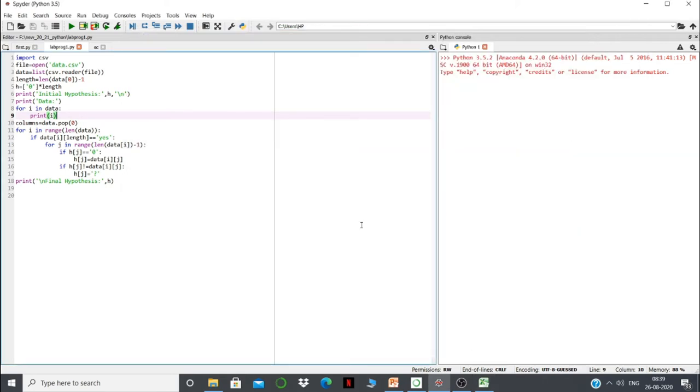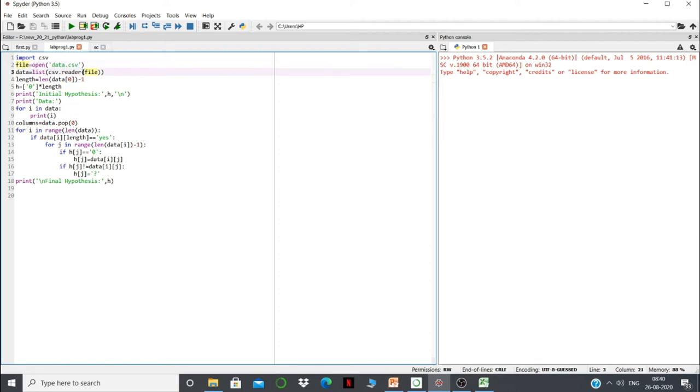One point you have to remember is that the program and the CSV file must be present in the same folder. Now you need to open this particular data file. So we transfer the CSV file by using open, with a file name, into a variable called file.